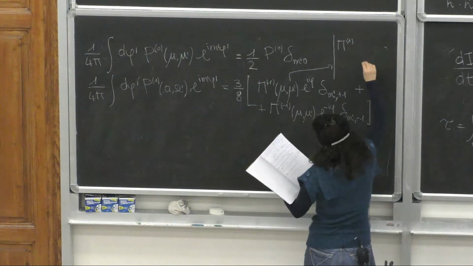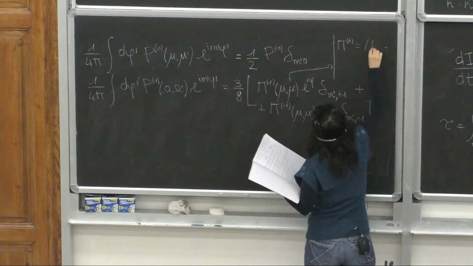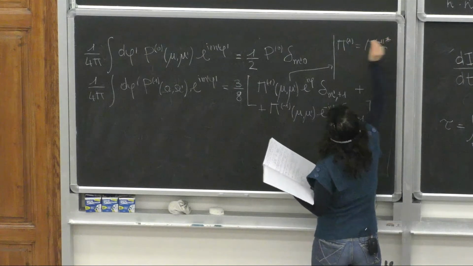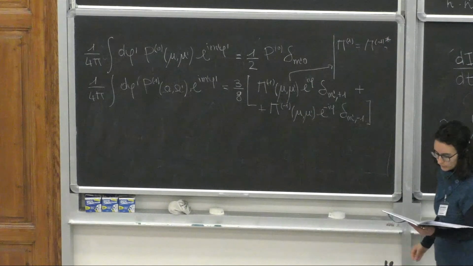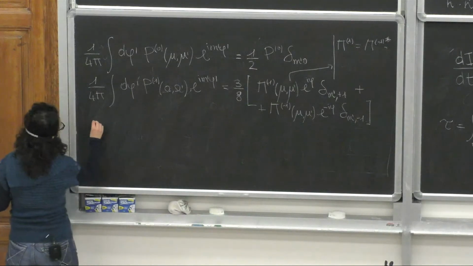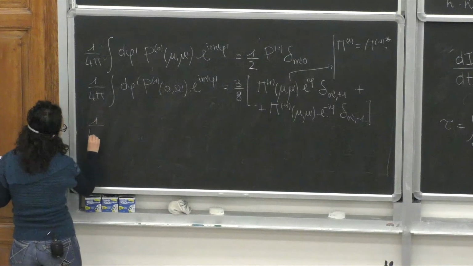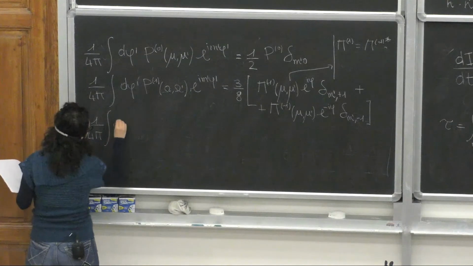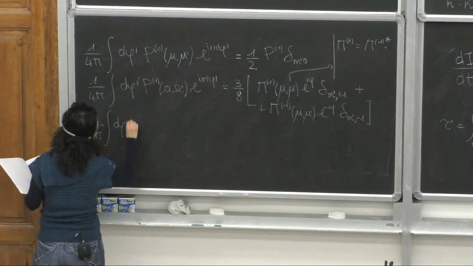is just pi -1 complex. And finally, the other expression that we need is the one for pi 2.